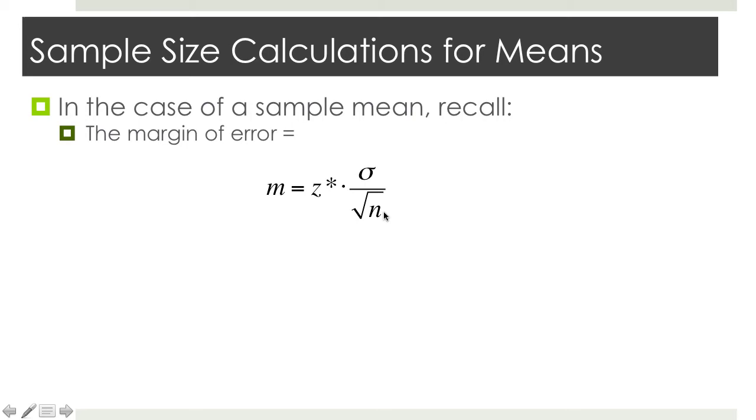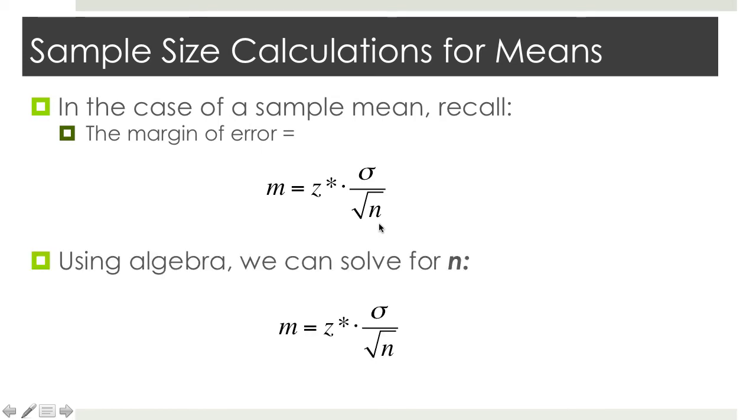So let's start with a case where we're computing sample sizes for population means. In that particular case, we saw before that our margin of error is composed of two pieces. We have here our confidence multiplier, and then we have our standard deviation of the sampling distribution of sample means. Now, we could actually take this expression right here, and we could simply solve for n.